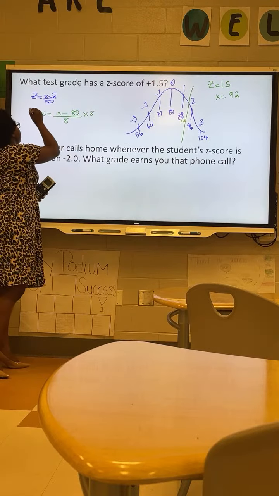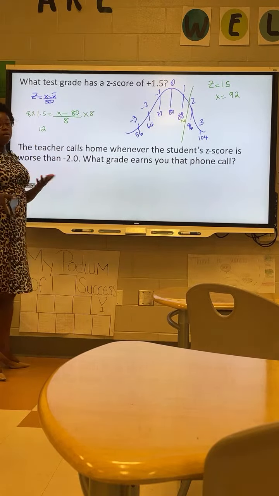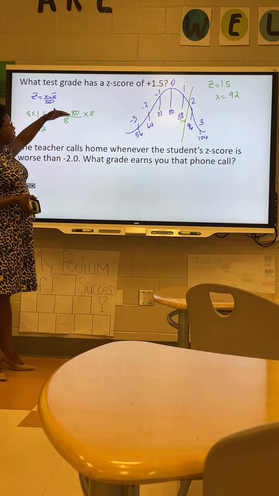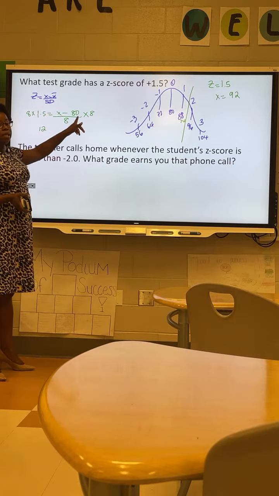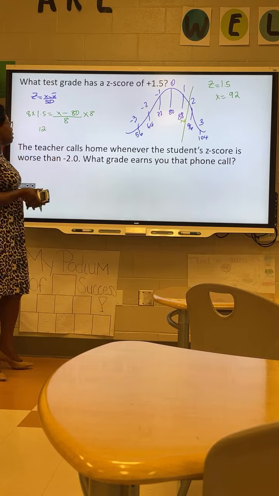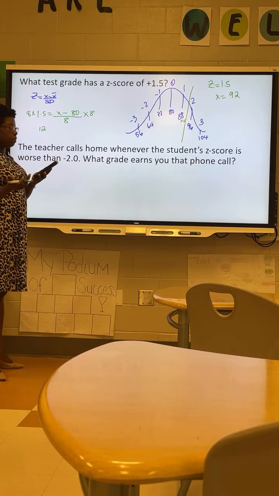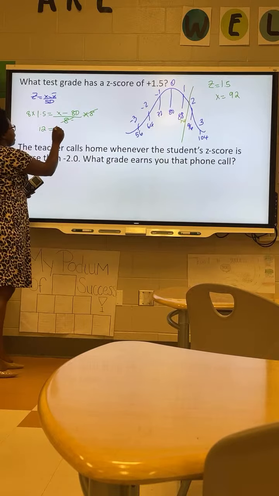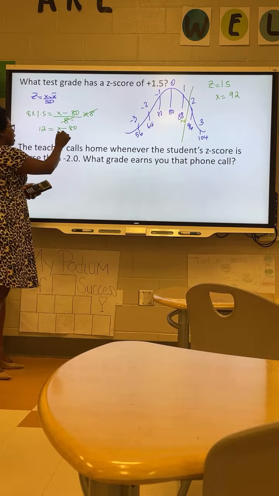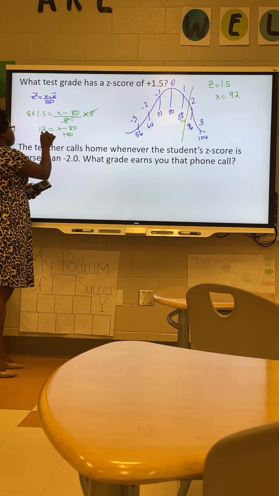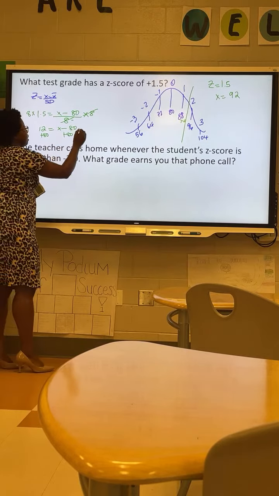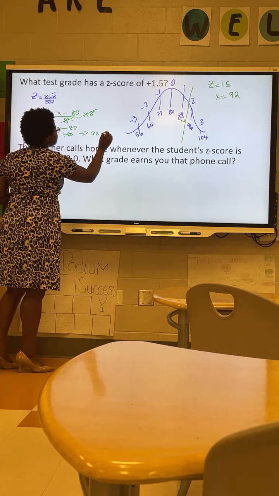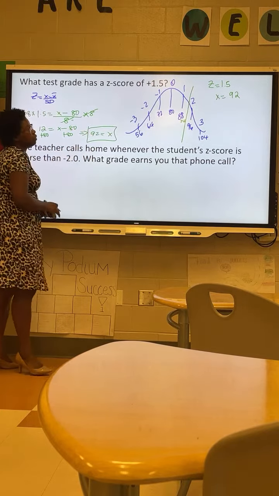We do that because we're dividing here for a fraction. To cancel the denominator, we have to multiply by the denominator on both sides to balance the fraction. So this 8 cancels, and 12 is equal to x minus 80. We need to add 80 on both sides, so 12 plus 80 is 92. So 92 is equal to x.